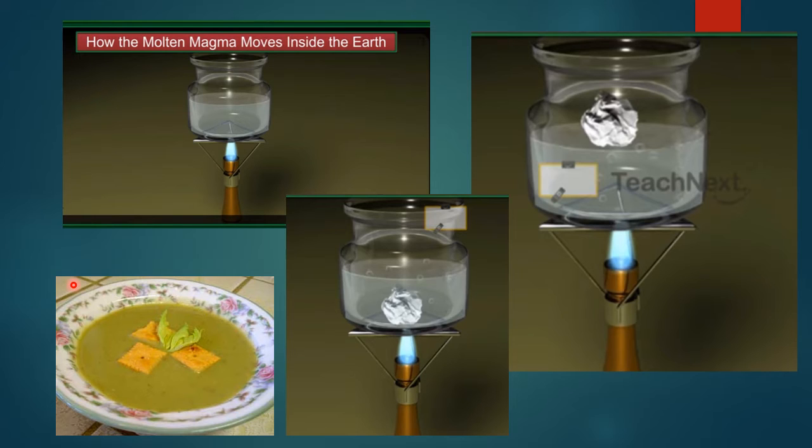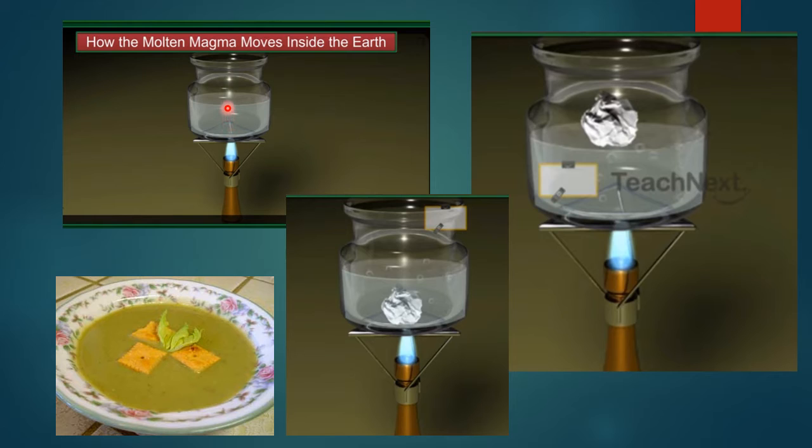Here I have taken a beaker filled with water and put it on the gas burner, and I will let the water boil. So you see, when the water boils, what happens? The bubbles come up, move down, again they go up, again they come down. After the water boils, we will crumple a piece of paper and put it inside this beaker.